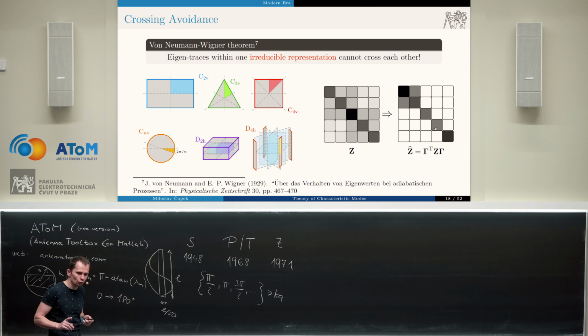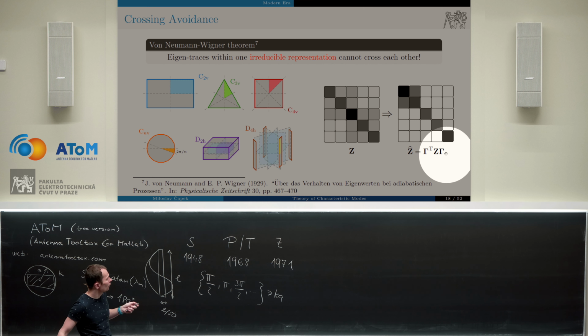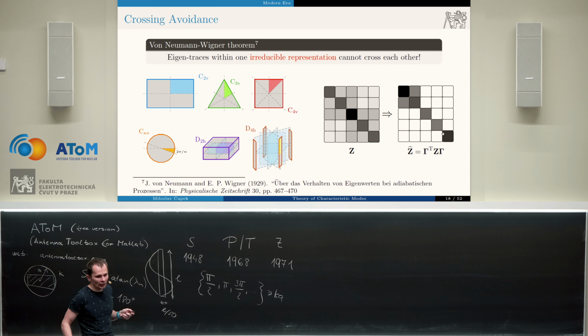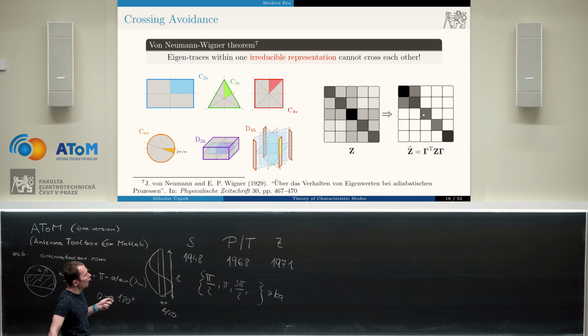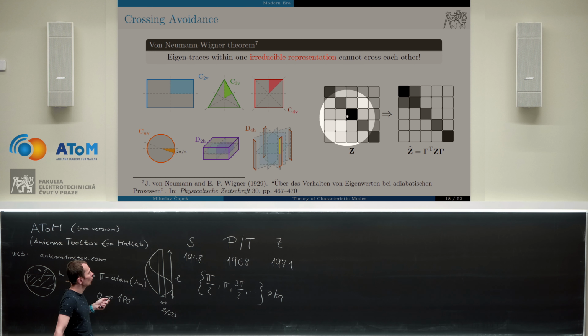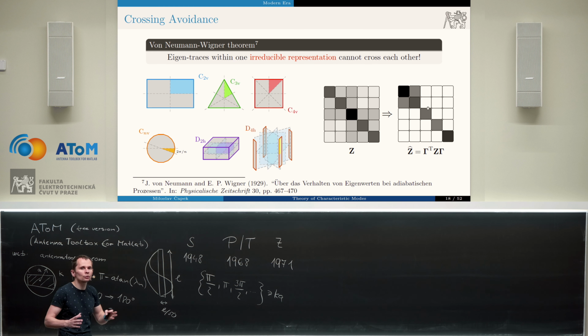If you are able to find such a matrix gamma, which is able to do this compression, then we call the Z matrix a reducible matrix, because it can be reduced to this form. And our matrix Z hat is then called an irreducible matrix, or irreducible representation of matrix Z, because we cannot reduce it further.